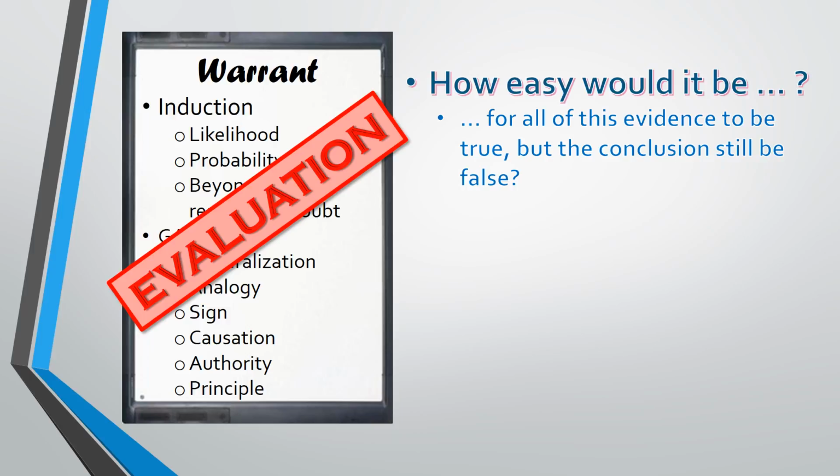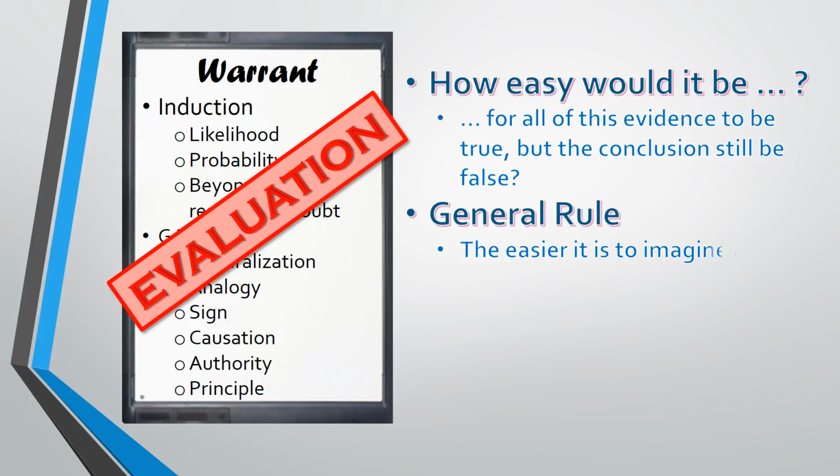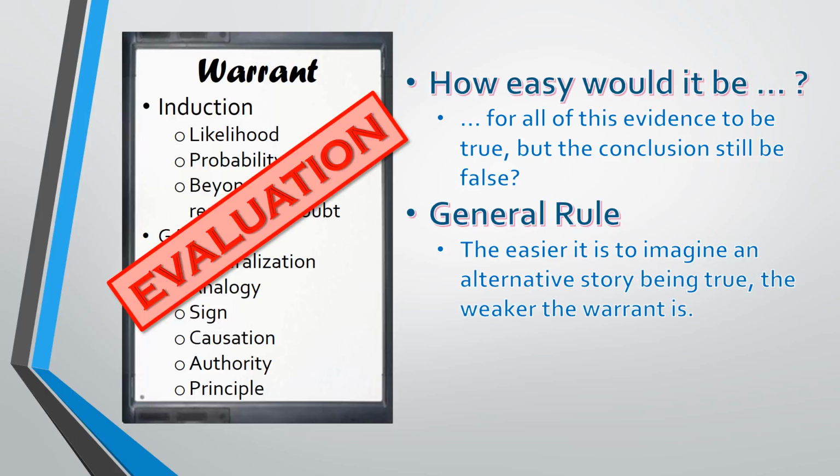The answer to that question is the answer to how strong the warrant is. So the general rule of warrant evaluation is this. The easier it is to imagine an alternative story being true, the weaker the warrant is.